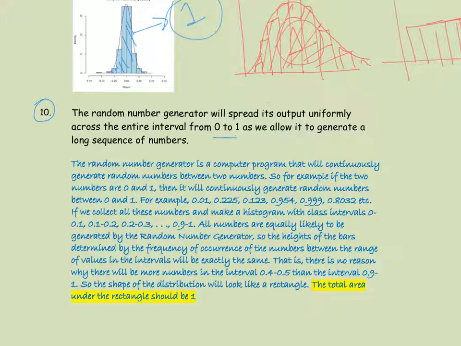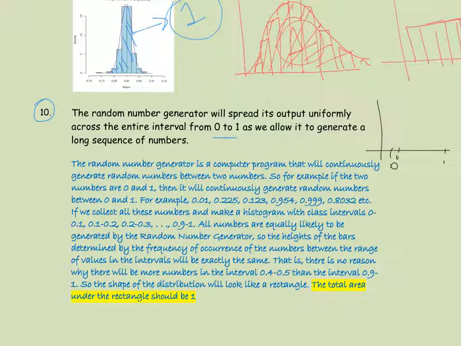So when we make a histogram, for example, if we are generating numbers between 0 and 1, then we have all numbers from 0 to 1, and then we divide it into intervals.